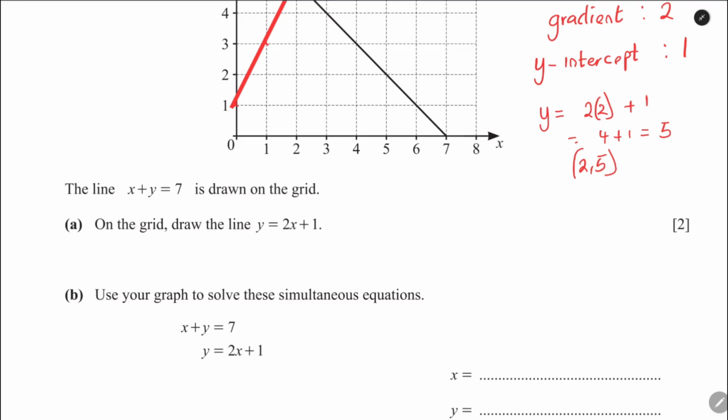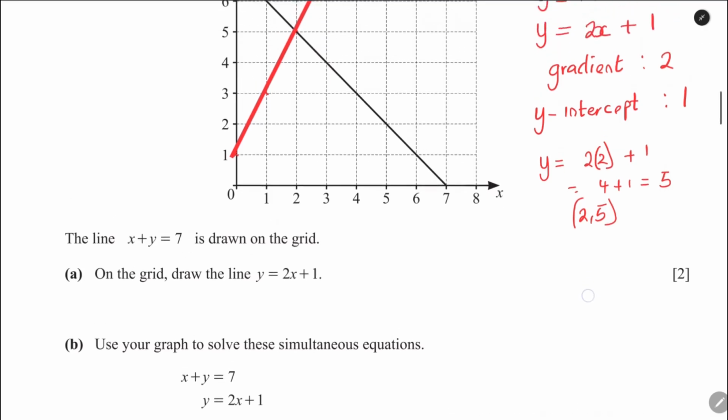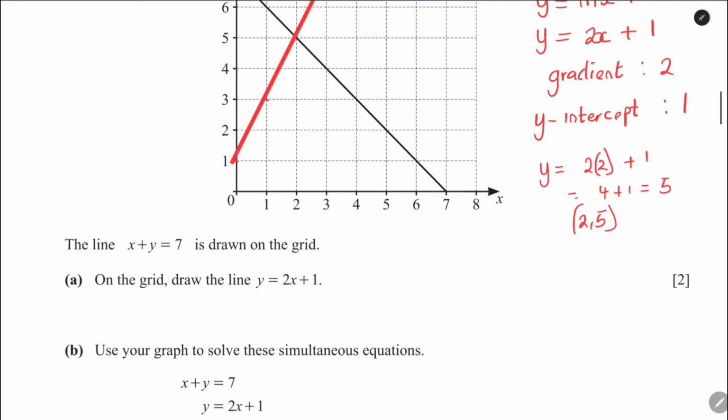To solve a pair of simultaneous equations with a graph, all you need to do is plot both and identify the point of intersection of the 2 lines. In this case, right here, this is the point of intersection of these 2 graphs. At the point of intersection, you have your solutions to the pair of simultaneous equations.